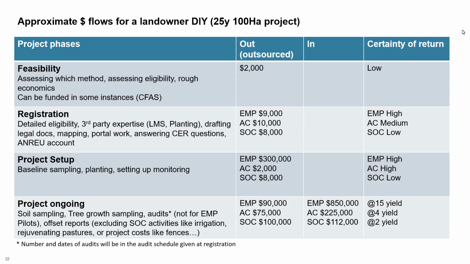But it does not include some things like fencing, for example, which is too hard to predict. You're going to have to include that on a case-by-case basis. Fencing is necessary for plantings until at least the seedlings will be resistant to whatever livestock is grazing.